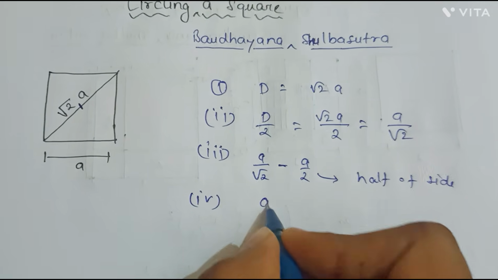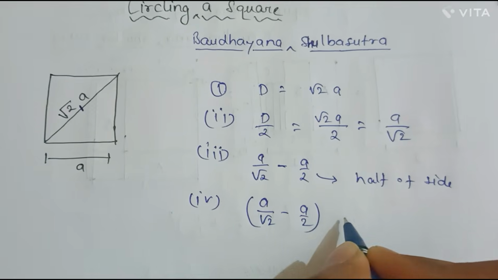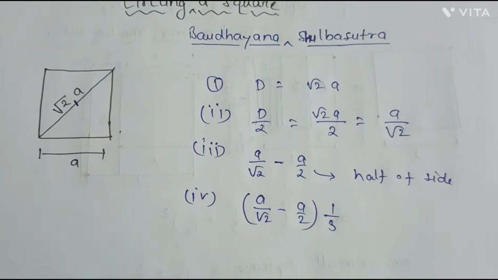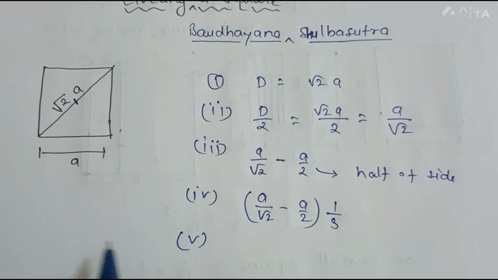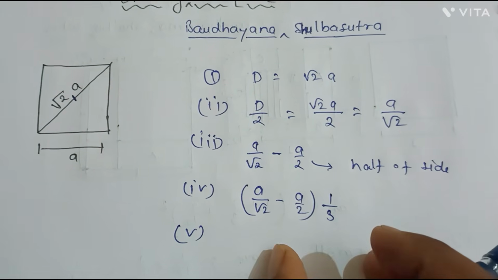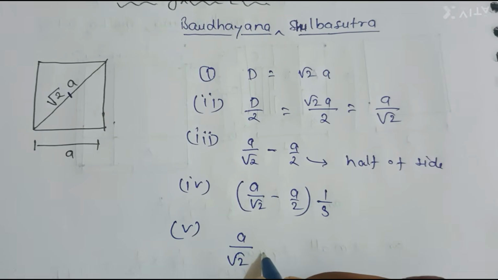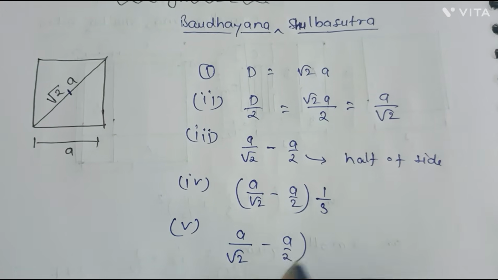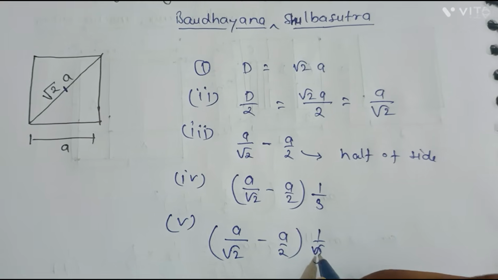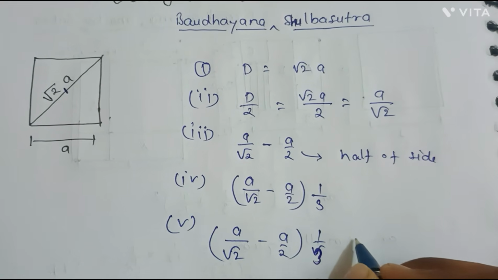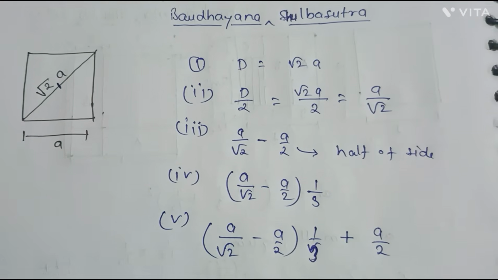So we will have a by root 2 minus a by 2, whole divided by 3. And now the next step is to add half of the side to this number. So we will add half of the side, that is a by 2.